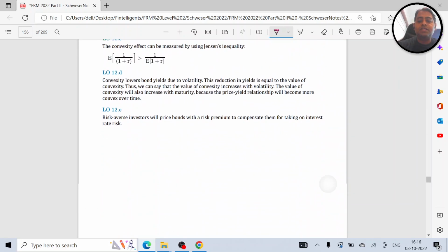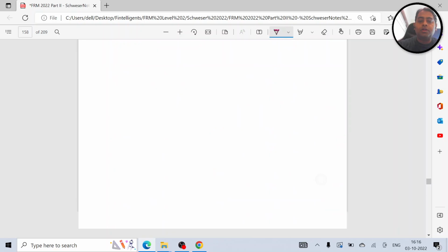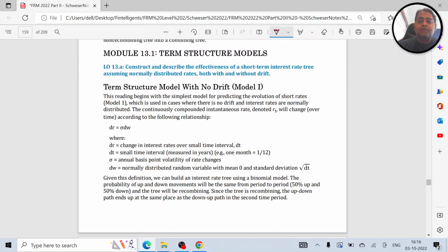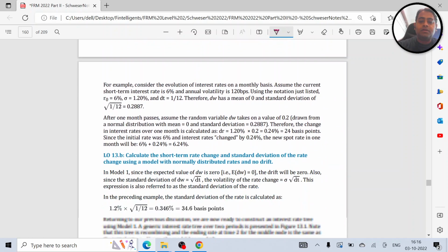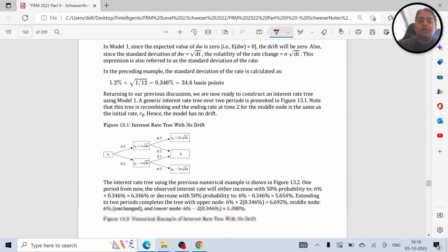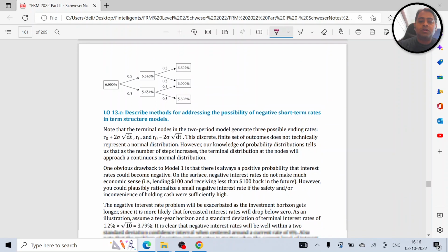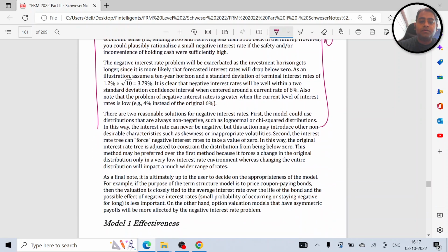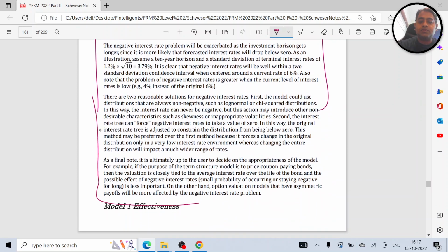We're going toward the third chapter, which is models for your term structure part. First model without drift. Calculation is not so important. This part, addressing the possibility of negative rate, is important. The entire discussion.